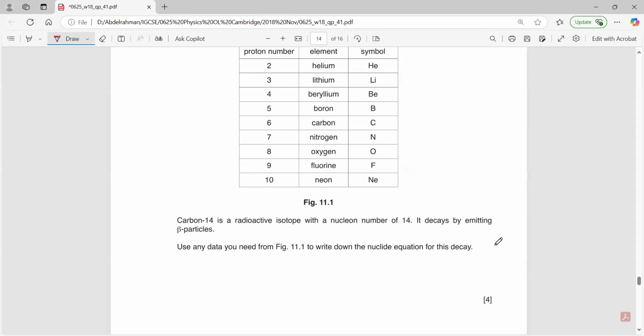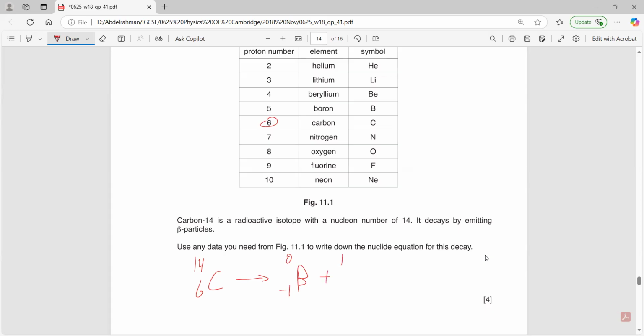Carbon will decay by producing beta and another element. Let's write it down. Carbon 14, which is C, 14, and carbon has 6 protons. So 14 and 6. It decays and produces beta, which is 0 and -1, plus something else.